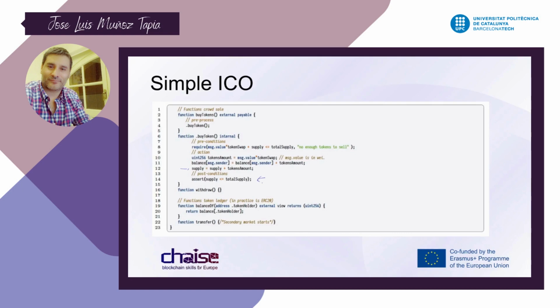But you can take a look at this code, try to see if you understand the idea, see the different parts, see the ICO part that is selling the tokens, and then the other part that is just keeping all the token ledger.